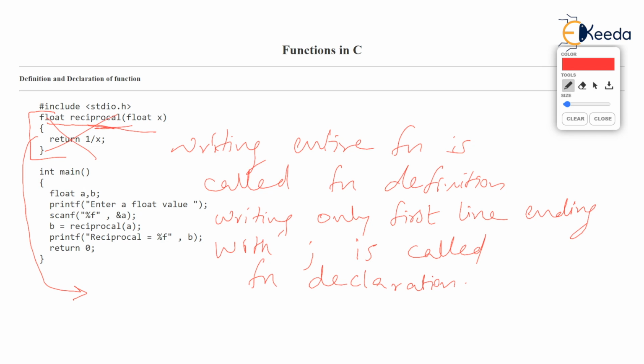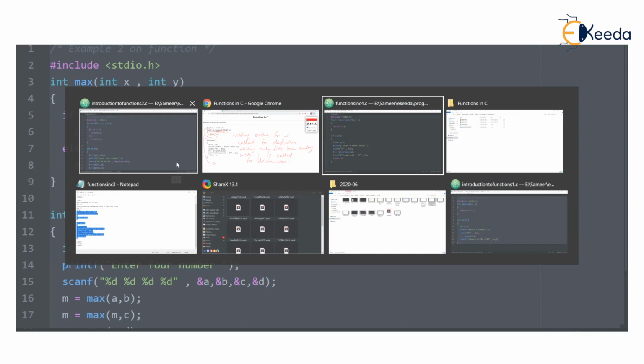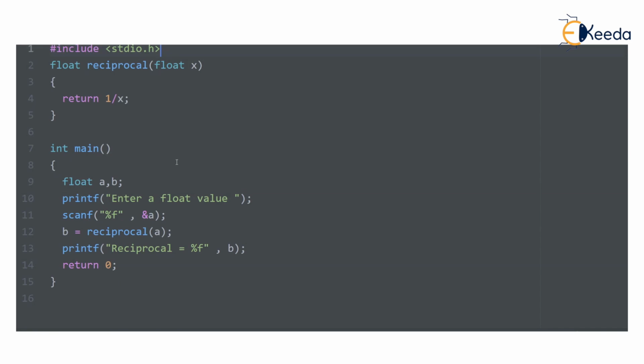Let's see this program in action. Let's say that I have a program here. Yeah, the same program, reciprocal float x. And look, I have defined the function above the call, isn't it? The entire function has been written here. Where? Above this call. This is the call, reciprocal a. Check this line.